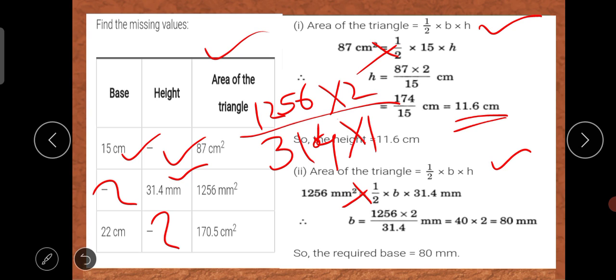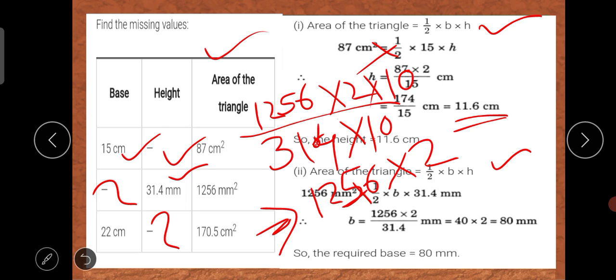Multiply by 10, and here also we multiply by 10. So we will get 1256 multiplied by 20, 2 into 10 is 20, and here 314. Now this we will cancel, then we will get 80 millimeter. Understood? Now cancelling you know how to do here.